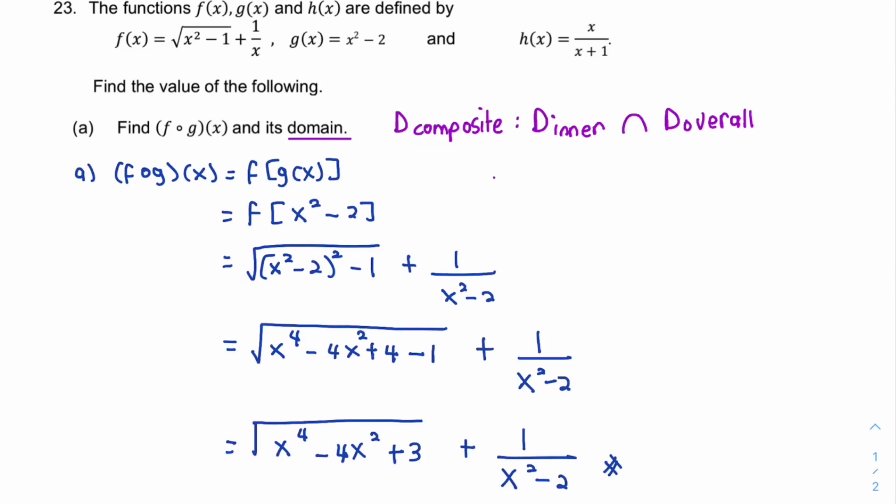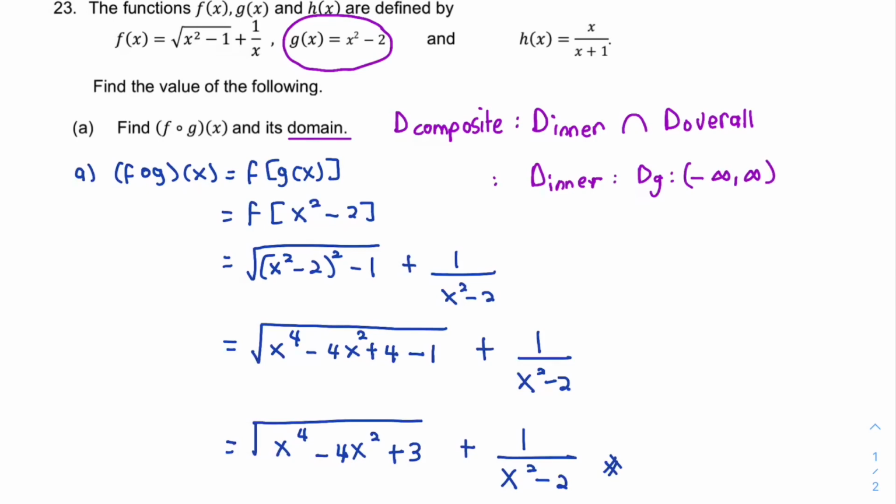Basically, your domain for the inner function here is the domain of g. Now if you look at the domain of g, it's just a polynomial function, a quadratic function, so you have negative infinity to infinity. No problem.